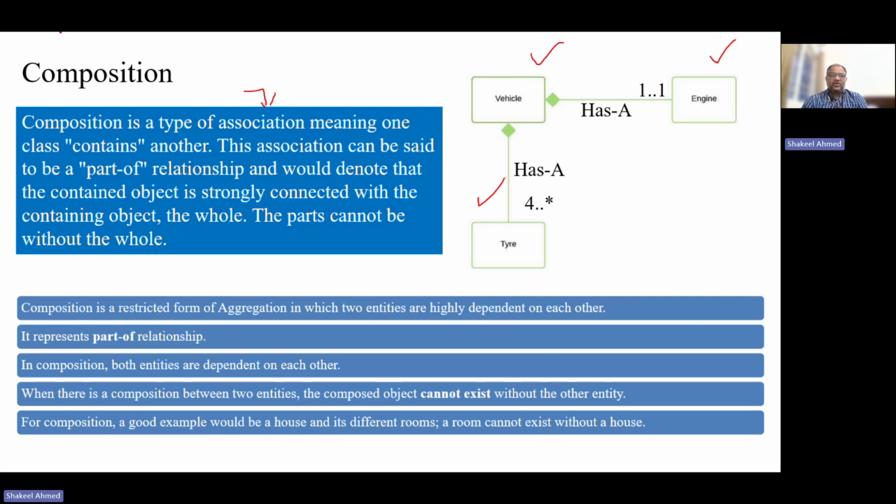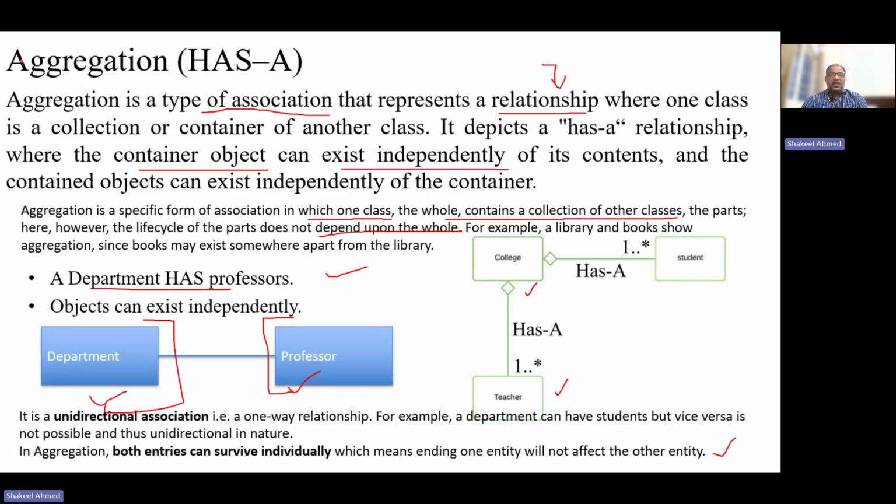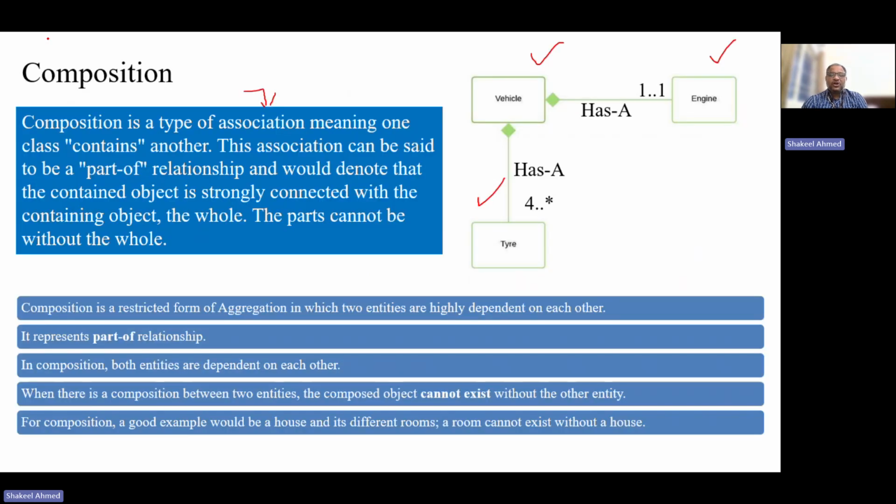In composition, both entities are dependent on each other. Whereas in aggregation they can be independent, in composition they have to depend upon each other. When there is a composition between two entities, the composed objects cannot exist without the other entity.